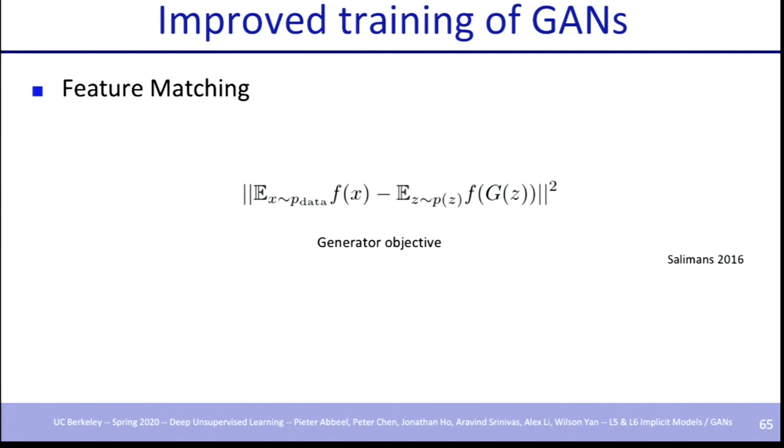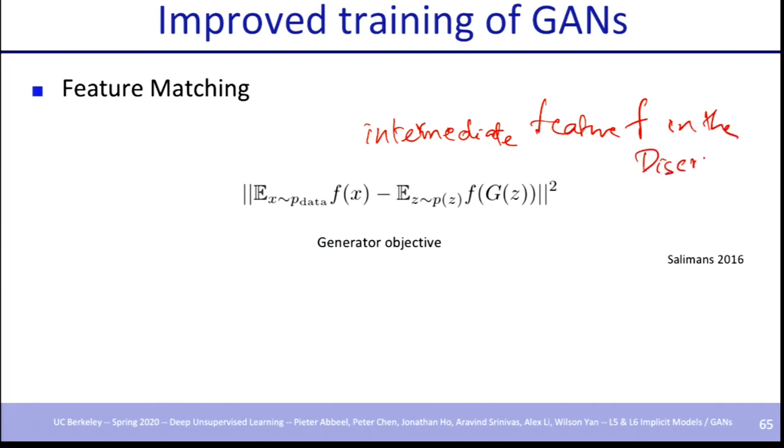So instead of just trying to make the generator optimize the output of the discriminator, the idea was, what if we looked at something else? What if we took an intermediate feature, f, in the discriminator, and you passed your real data forward and collected the statistics, the hidden layer, from your intermediate feature layer of the discriminator.